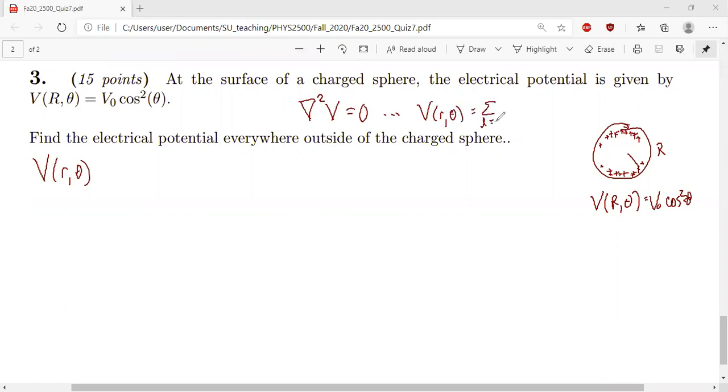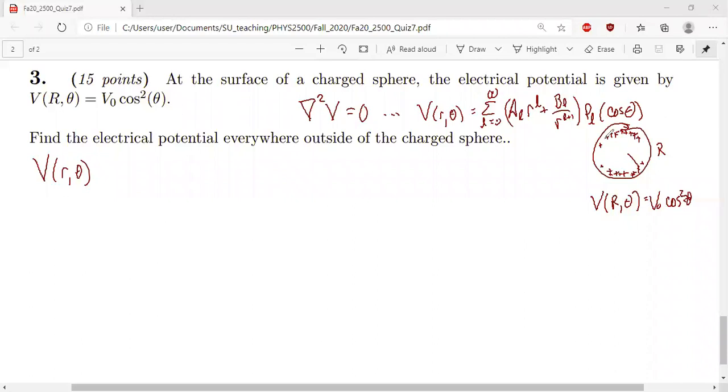So sum from L equals 0 to infinity of A_L r^L plus B_L r^(-(L+1)) times the Legendre polynomial P_L of cosine theta. So that's always true. That's the solution of the Laplace equation in spherical polar coordinates.